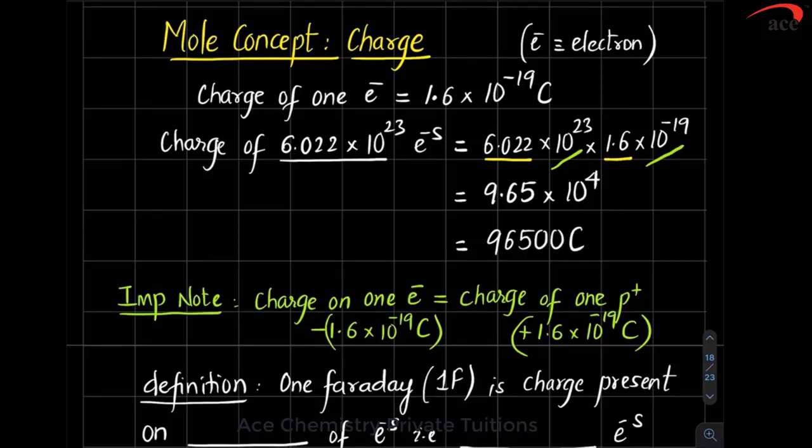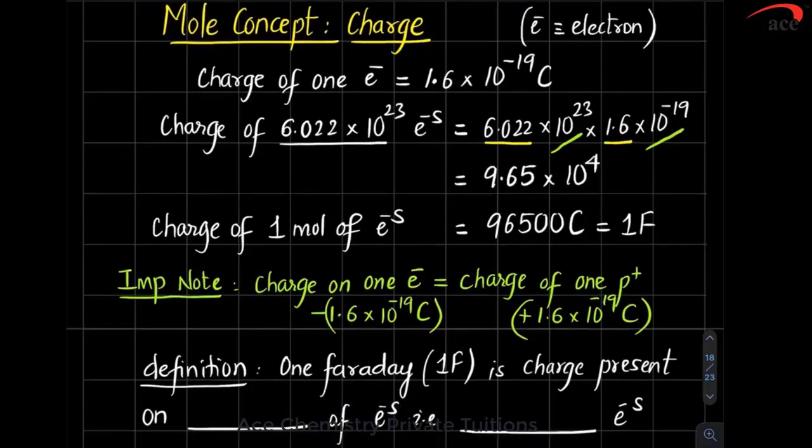So remember, charge present on 1 mole of electrons is 96,500, which is popularly remembered as 1 Faraday, in the remembrance of the great scientist Michael Faraday.